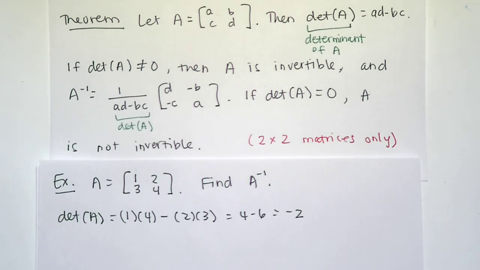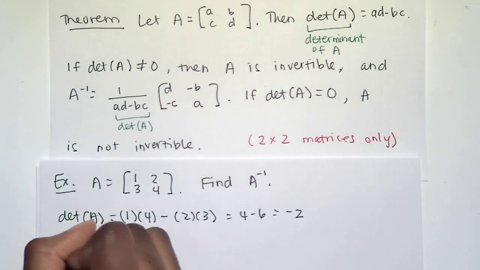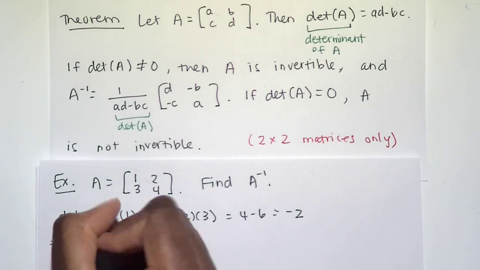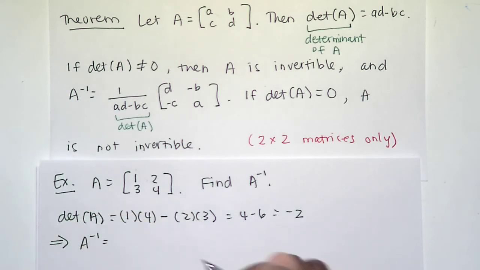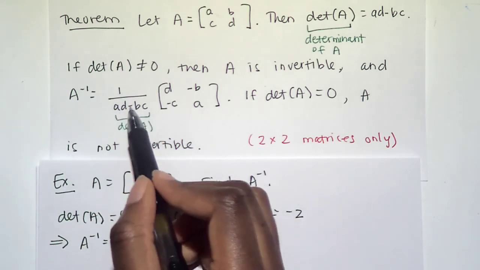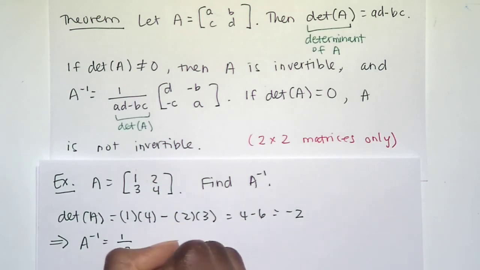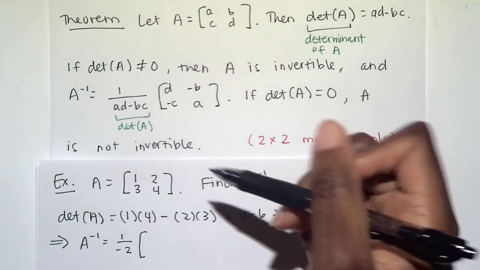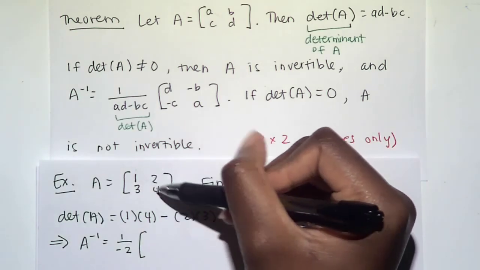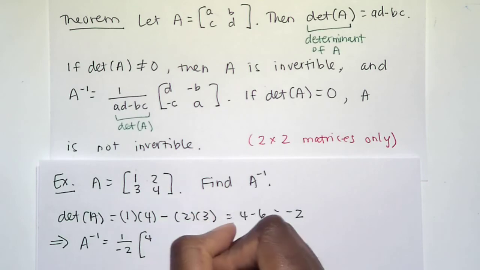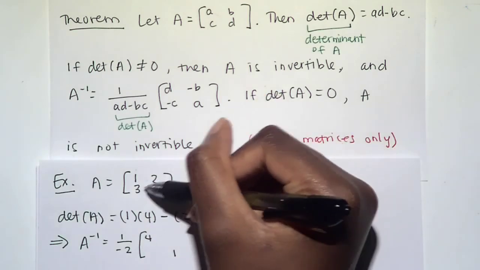All right, -2 does not equal 0, so that means this 2 by 2 matrix is invertible, and we can find the inverse. So that means A inverse is going to be, using the formula, 1 over the determinant times this matrix, where I'm going to switch the first diagonal and then make these other two negative.